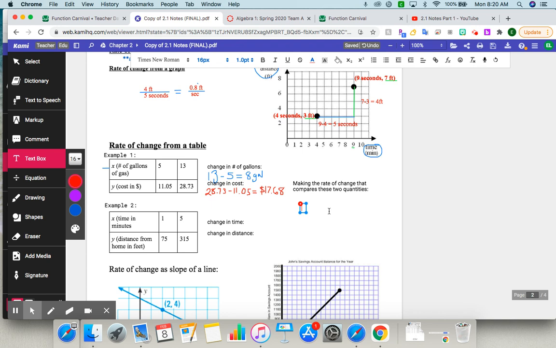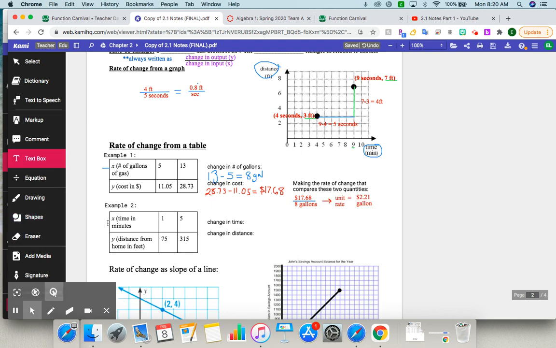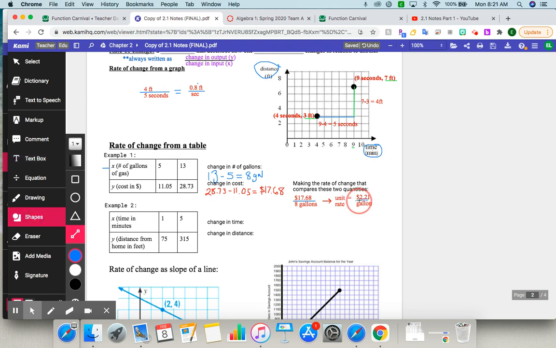So I would say $17.68 divided by 8 gallons. But once again, I can convert that to a unit rate by taking 17.68 divided by 8, and that tells me that my unit rate is $2.21 per gallon.